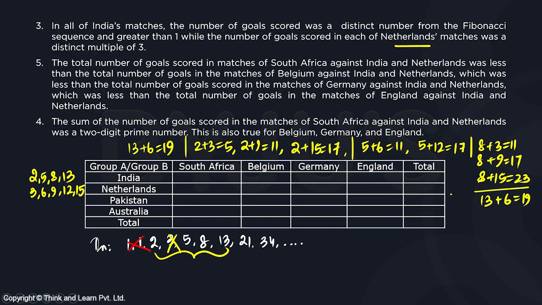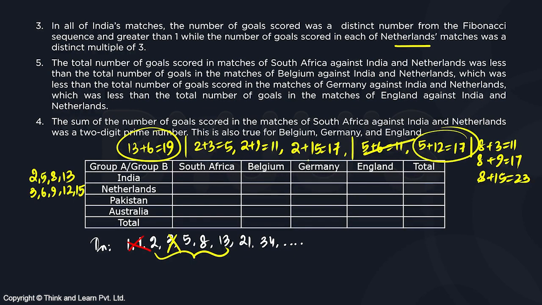Since 6 is already taken, we should remove all those cases where 6 is involved. Okay, we have already written 13 plus 6, isn't it? So that's not possible. So 13 plus 6 is fixed. So 5 plus 12 is fixed. So we will remove all those numbers where 5 or 12 is used.